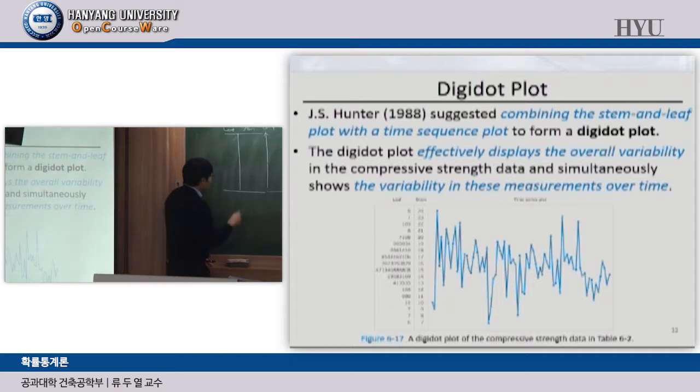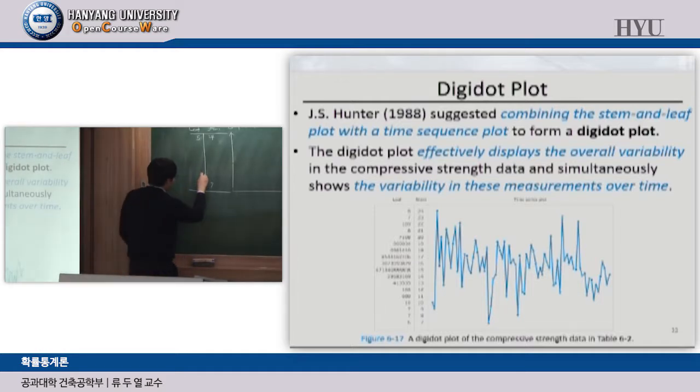The minimum value was 76, and the maximum value was 245, okay? We can draw all the data points here, right? So, this is 7, 8. This is the 97, and this is the 1, 5, 10, and so on.